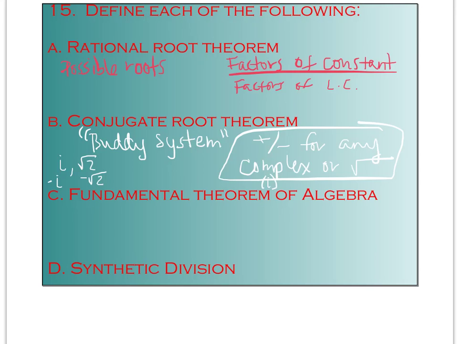Well, the degree has to be 4 because you have those 4 answers there. Now, it could maybe be more than 4 because there could be some other numbers like 2 or 5 that just aren't included in that. These are only considering the complex. But your degree is going to be equal to the number of your complex solutions.